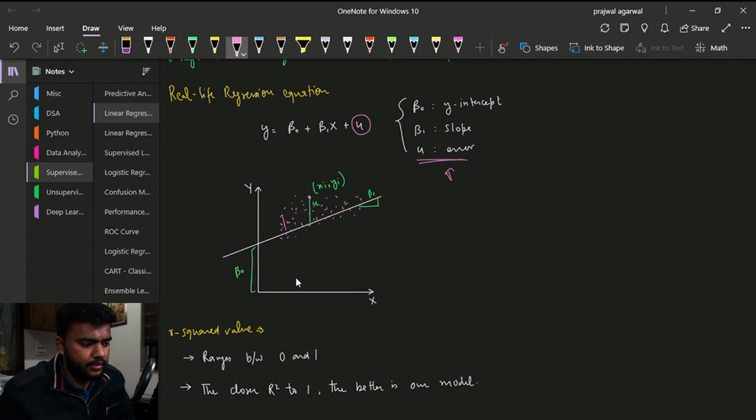As you can see, this is the line from this equation, but we also have some errors. So this was about real-life linear regression equations.